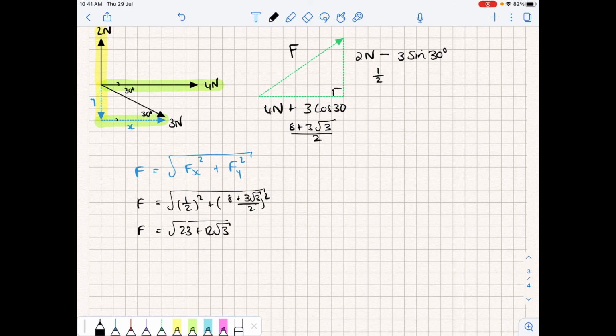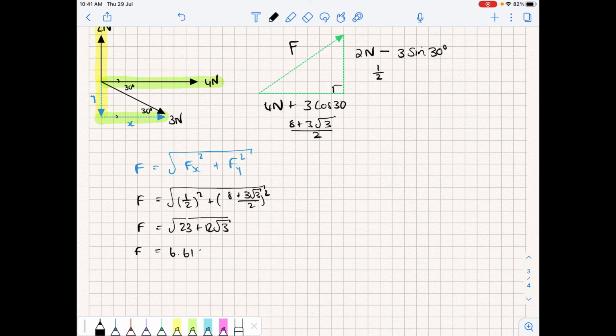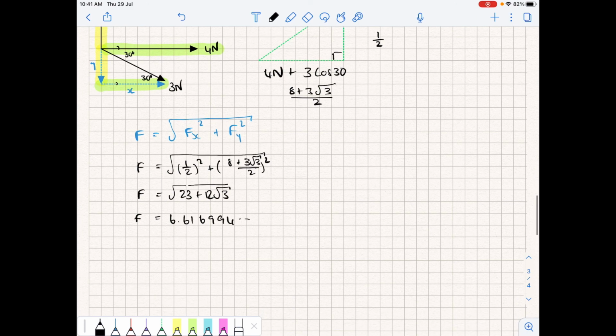I need to take the square root of that, and that's going to give me 6.16994, etc. We're going to round to 3 significant figures, so the force is equal to 6.62 newtons.